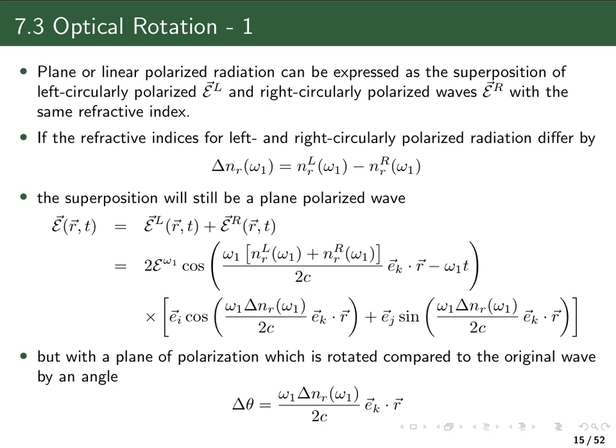And the angle by which this wave is rotated, you can see from here, that's the angle by which the plane of polarization is now rotated. And that is called the optical rotation.